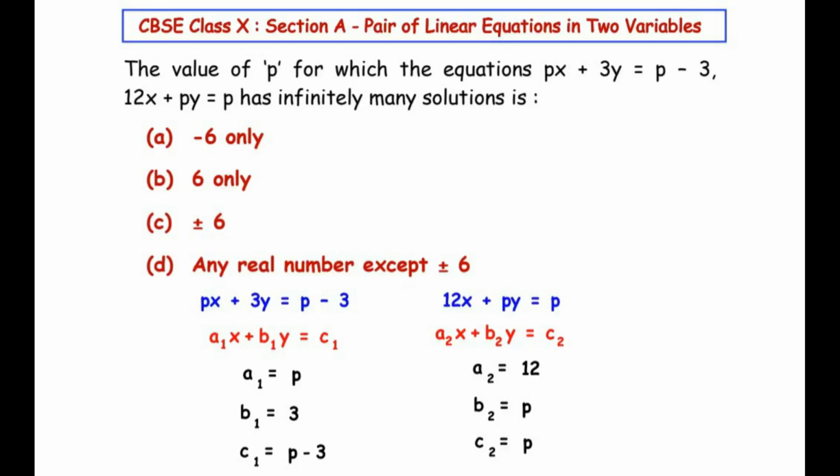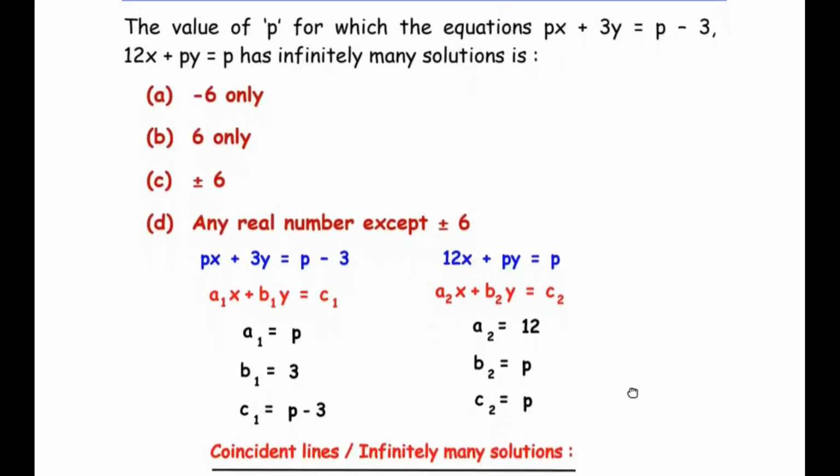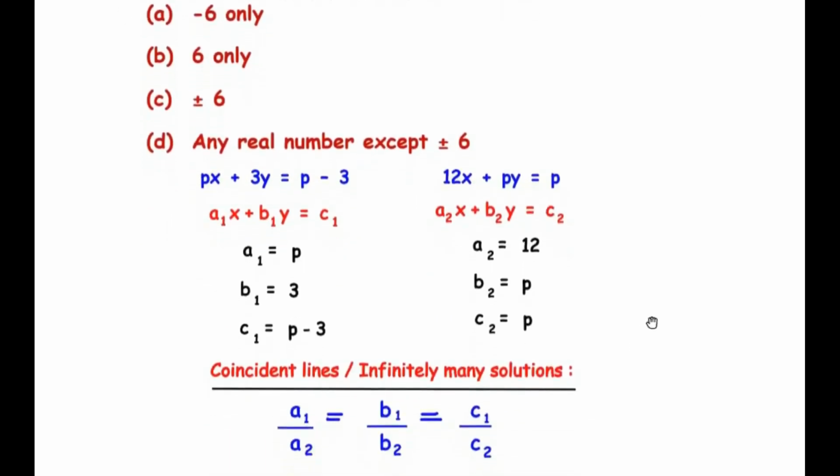Now once we have got the values of these variables, let us concentrate on the condition for infinitely many solutions or coincident lines. So the condition is a1 over a2 is equal to b1 over b2 is equal to c1 over c2. So we have to just plug in the values of the variables we have got in this condition.